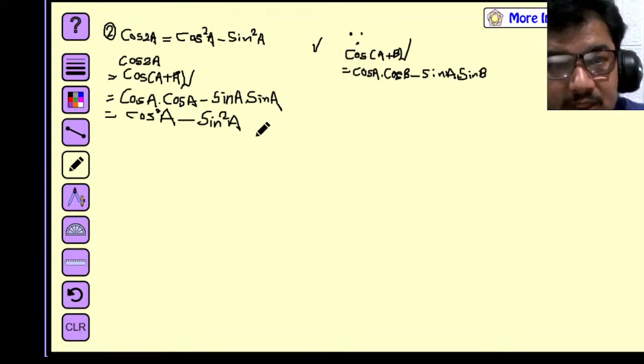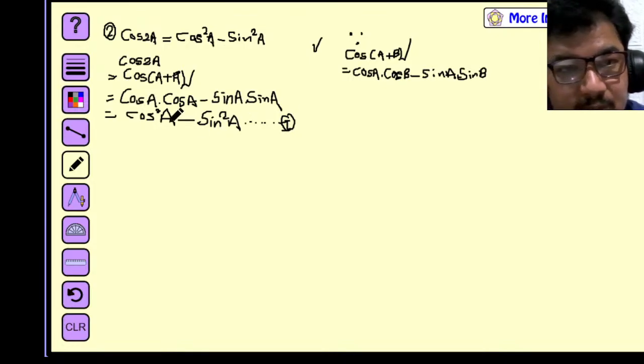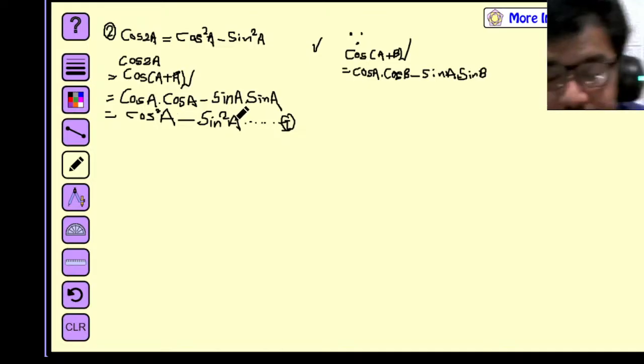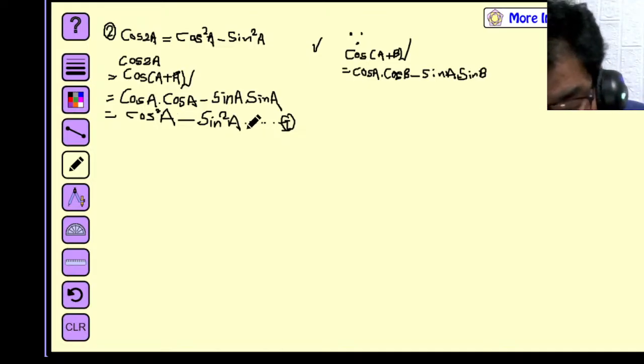Like this, the first relation comes of cos 2A in terms of cos A and sine A. This is the first formula of cos 2A, which comes in terms of cos A and sine A. This is the way to find it out.